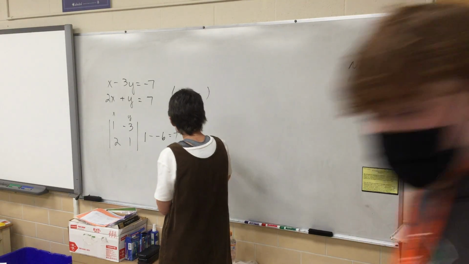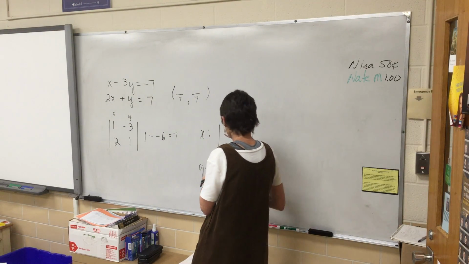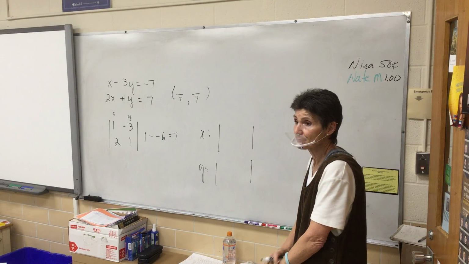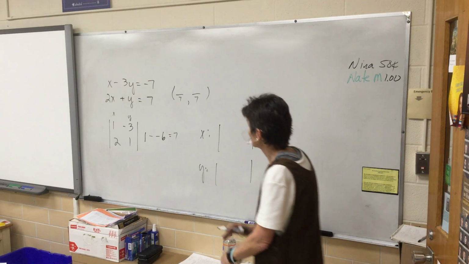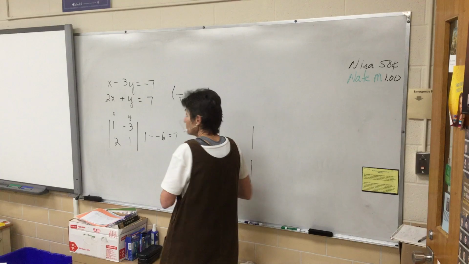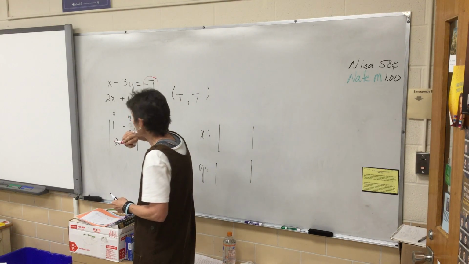So now to get the numerators, we do 2 more determinants. Anybody remember how we do that? Cam? If you're solving for x, you have to put the negative 7, 7 in for the x column, yep. So these numbers right here now are going to come into play.